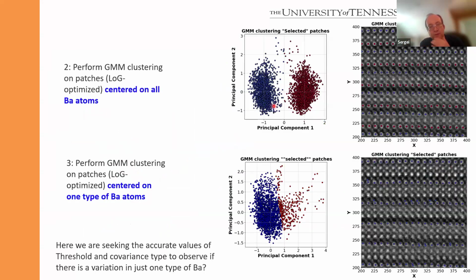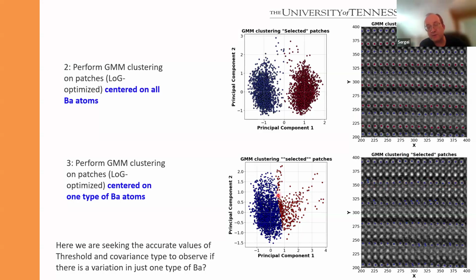We can choose to focus only on the barium atoms. So practically, there are two types of barium atoms because the barium atoms on the top layer and the bottom layer are different. So we don't have the symmetry in the analysis. So let's assume that we want to identify all the amorphous regions if we choose as the anchor points only the barium atoms in the top layers.